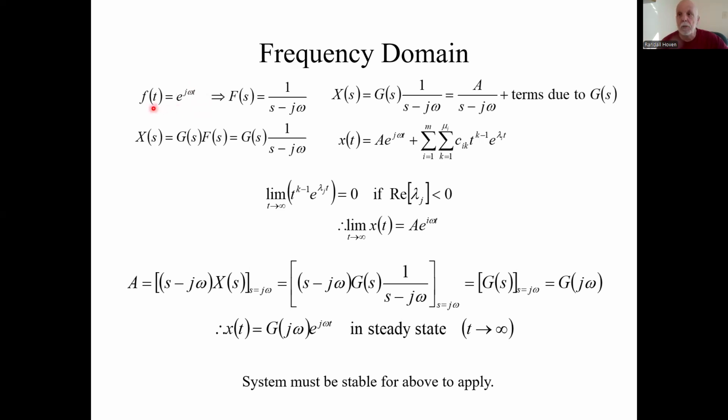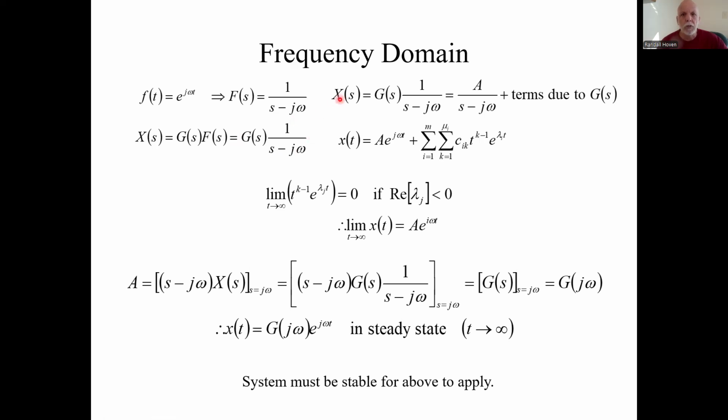Here's the input f, e to the j omega t, where this omega is the frequency in radians per second of that phasor. Here's the Laplace transform of a phasor. So if you use this basic relationship, here's what the output is in the Laplace domain.